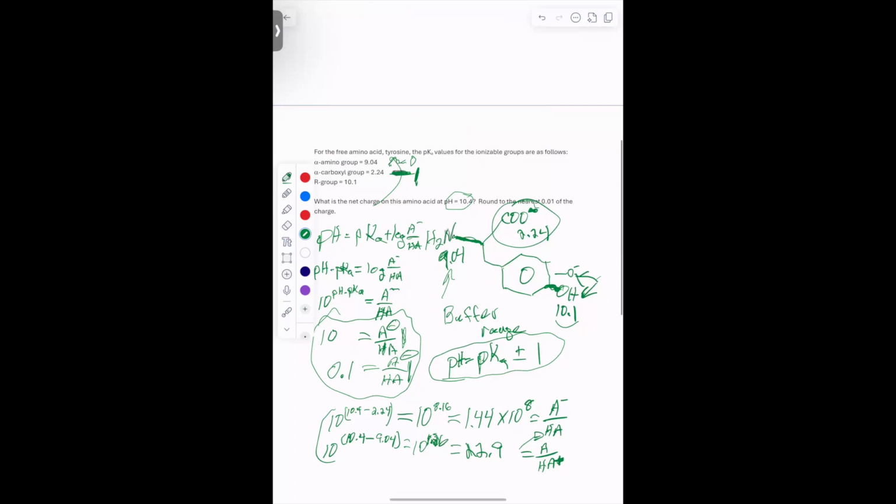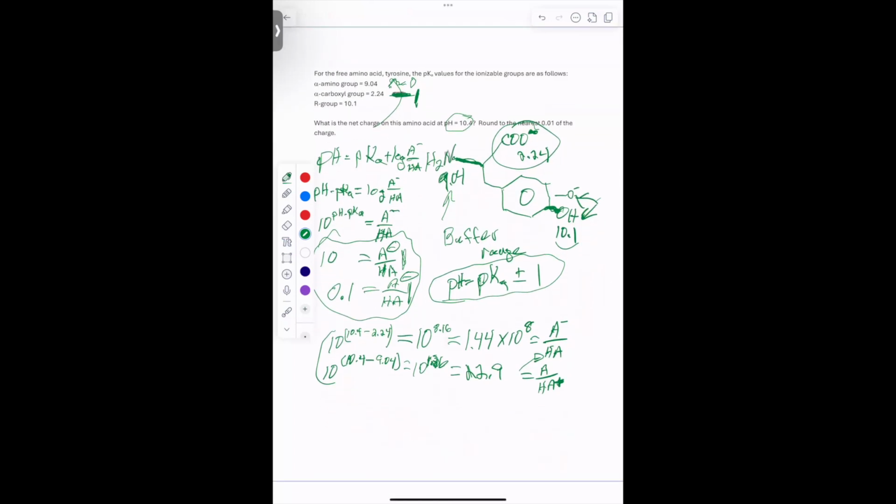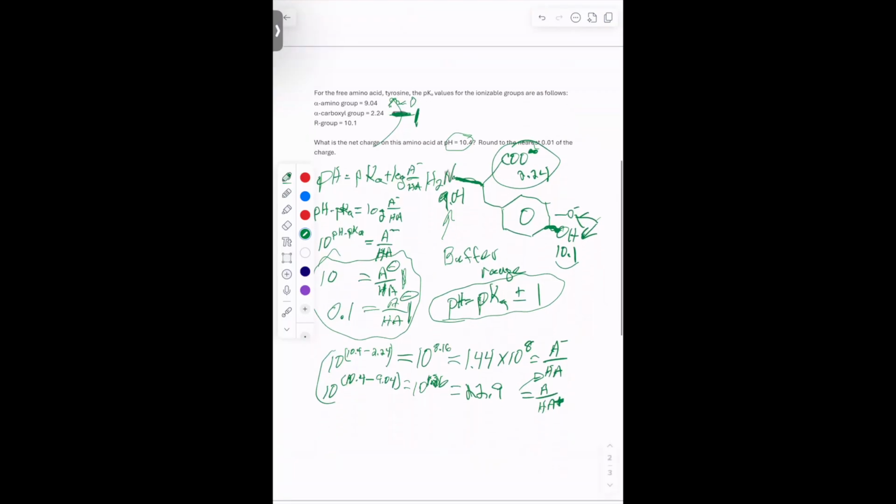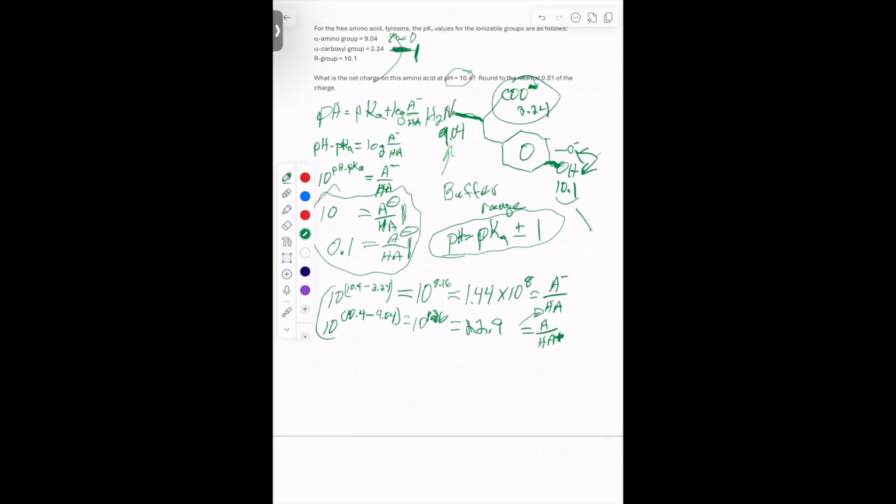And then the R group, we don't know the charge yet. Okay, so what we have to do is ultimately we need to figure out, in the case, we'll start with the easiest one, which is the one that we need to be working on right here.